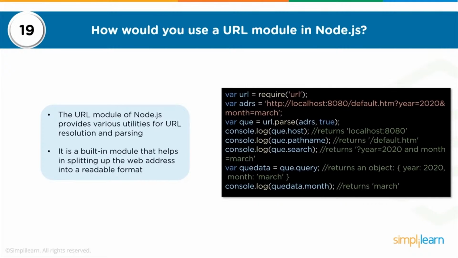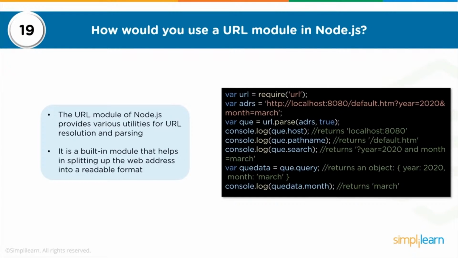So how would you use a URL module in Node.js? With the URL module, what it allows you to do is really two things. One is that it provides the resolution and parsing of a URL for utilities in your application. And then it allows you to extend your module with built-in solutions and split up the web address into a readable format.